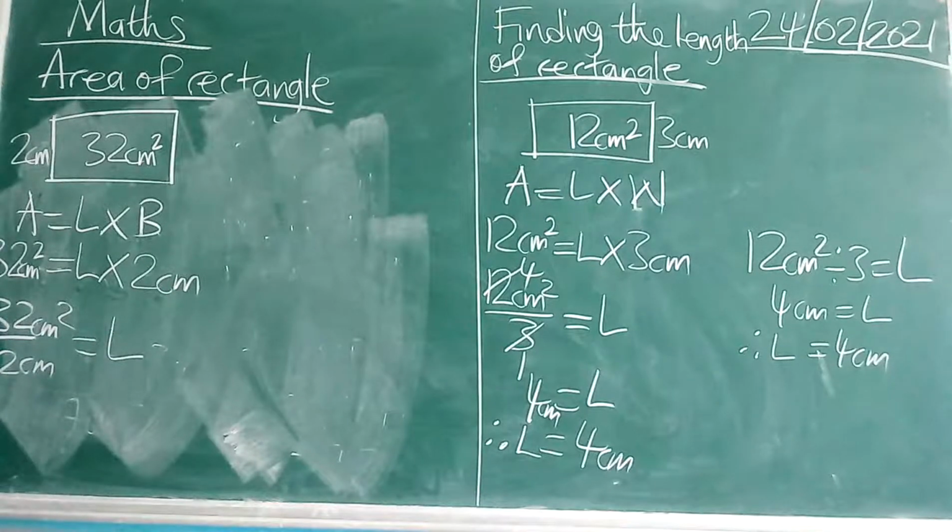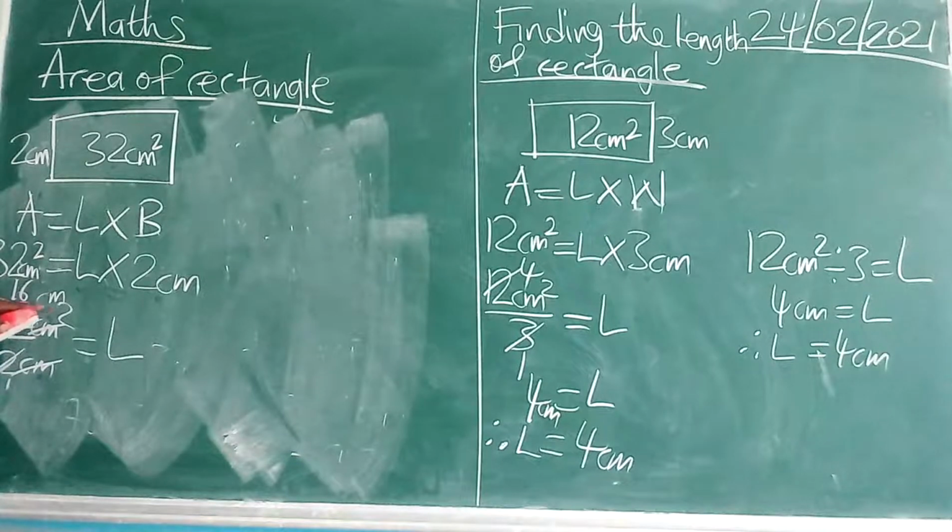So now 2 cancels 2, 1; 2 cancels here, 16. And here we have centimeters square. So this centimeter cancels this centimeter, so now here has remained 1 centimeter.